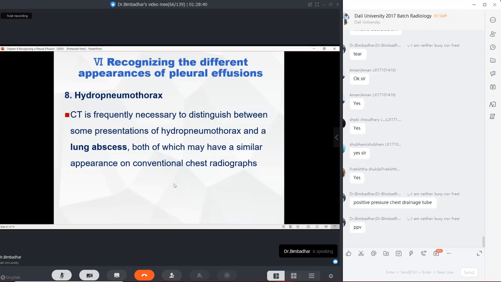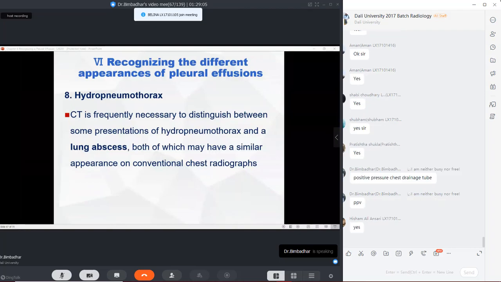Last time, I think it was Shafiq or Hisham who was talking about the cavity, right? When we are talking about the cavity, I said that it has a thin wall and there is no air fluid level inside the cavity. Yes or no? Who is this guy? I think it's Hisham, right? I said there the cavity has a thin wall and no fluid level, right?